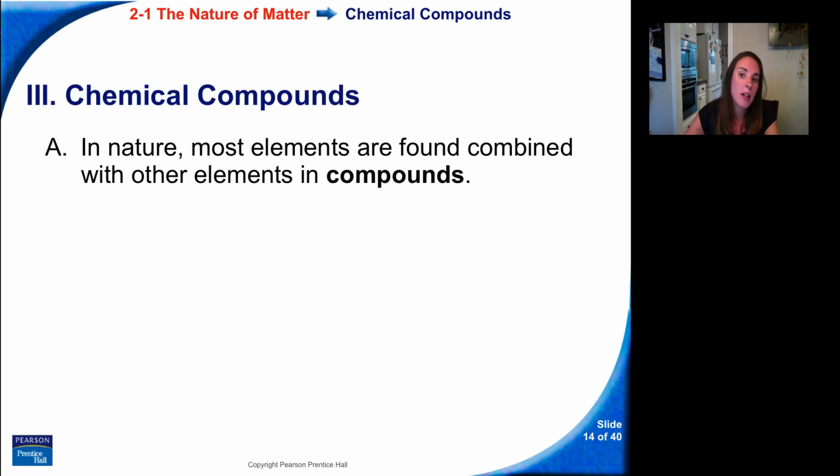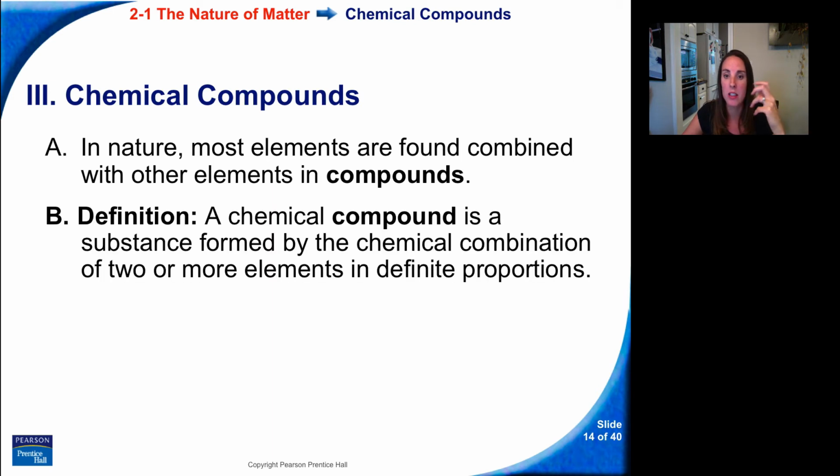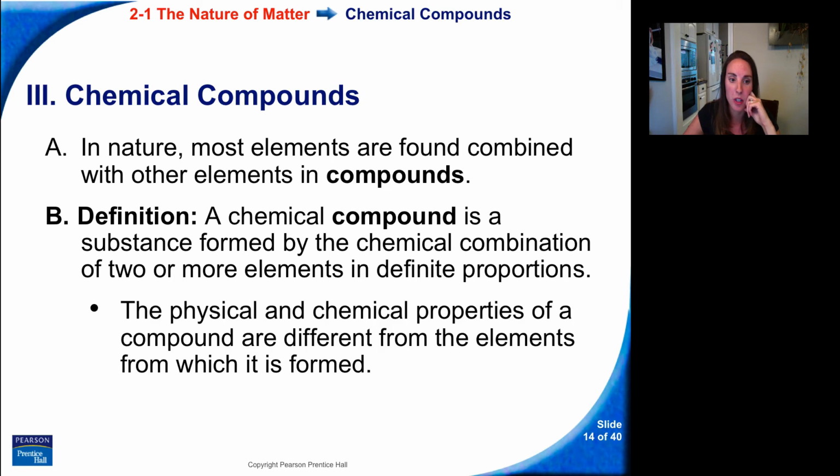So chemical compounds. In nature, most elements are actually found combined with other elements in compounds. Most are not in their elemental form. Like a block of gold, yes, that is a pure element, but most of the time atoms are found bonded to other atoms. A chemical compound is a substance formed by the chemical combination of 2 or more elements in definite proportions.